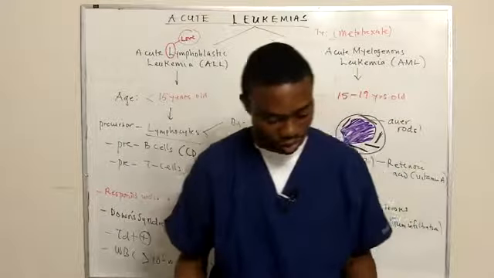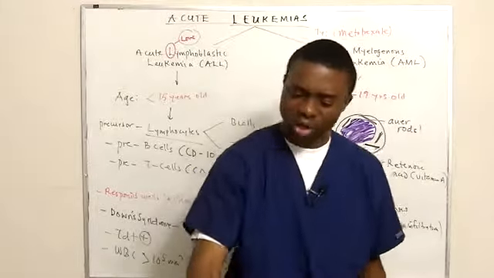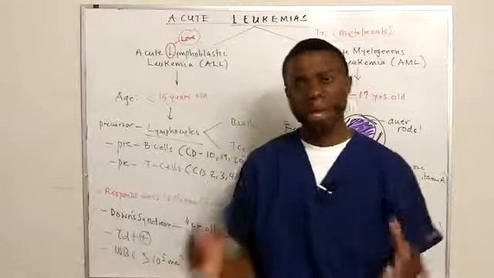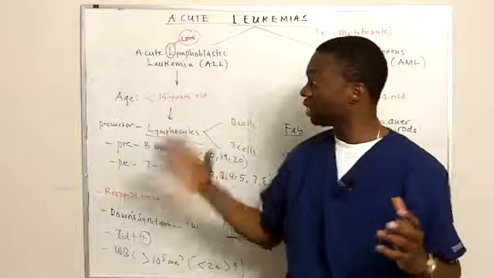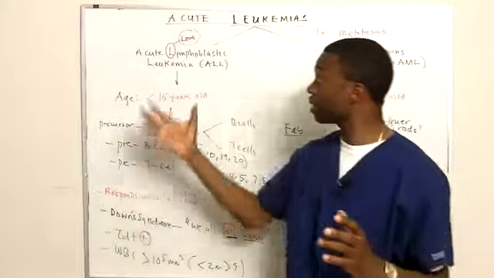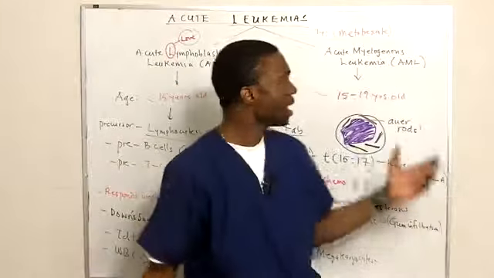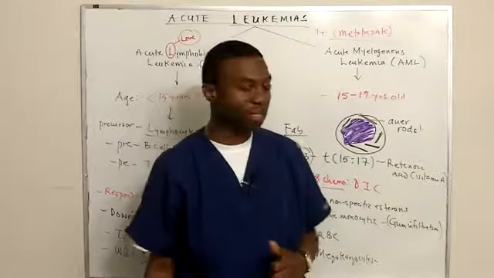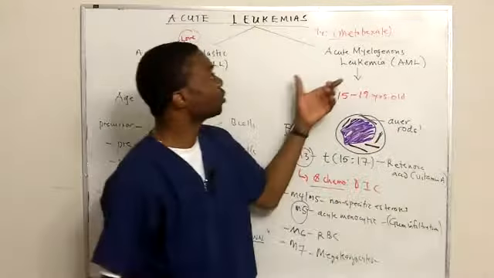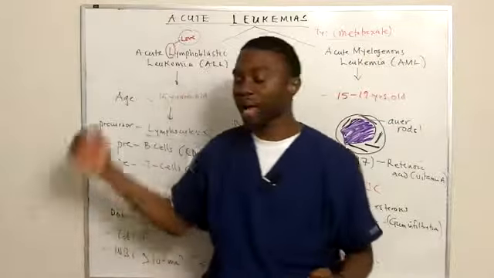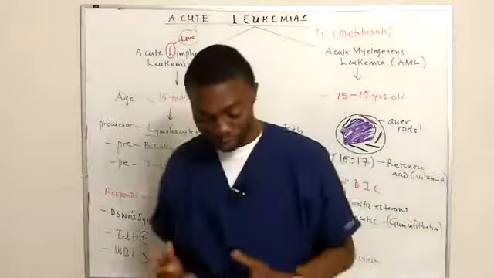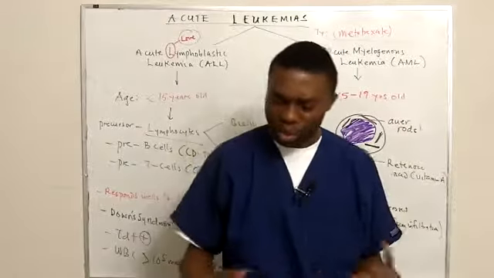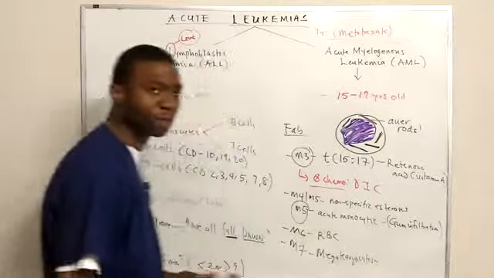So let's talk about the clinical features that patients that have acute leukemia, now thinking about when I say acute leukemia, both acute lymphoblastic leukemia and acute myelogenous leukemia, will present clinically. Well, we already talked about it in the general overview.